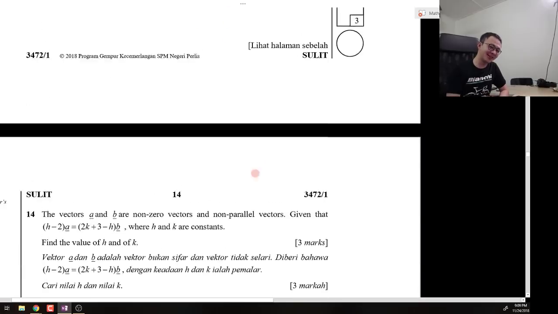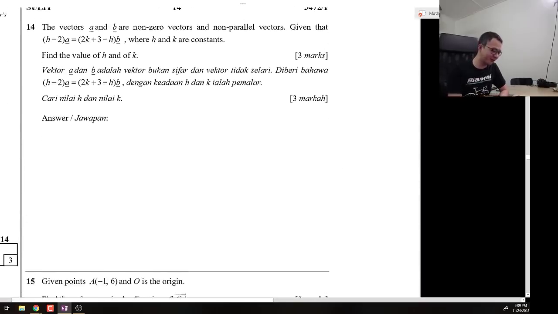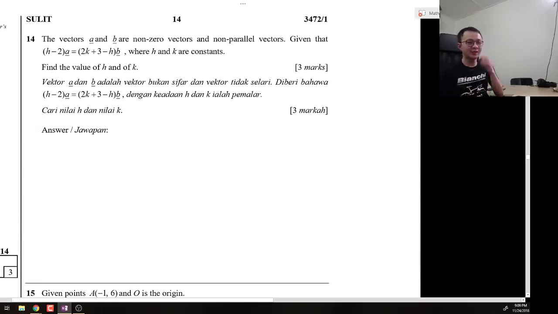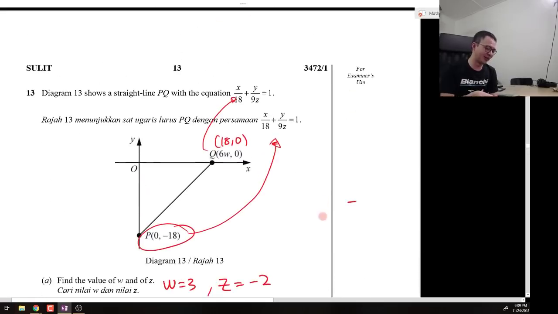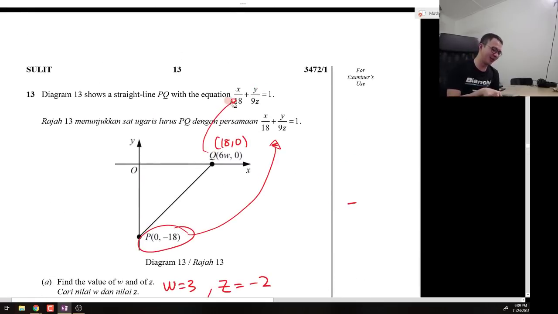Okay, next question, 14. So how to turn it into a normal equation? You just move things around. Let's say we want to make this one into y equals mx plus c. We have y over 9z equals negative x over 18 plus 1.